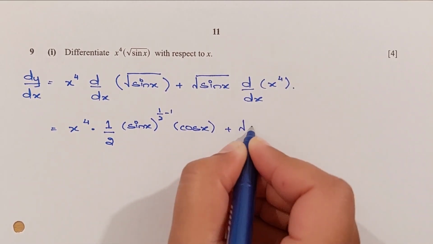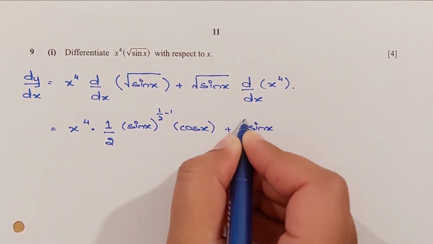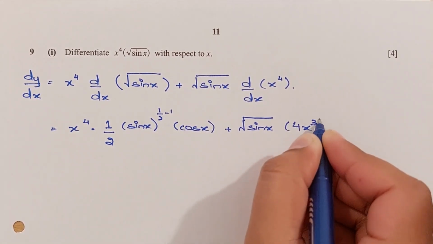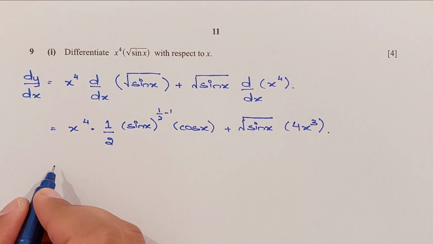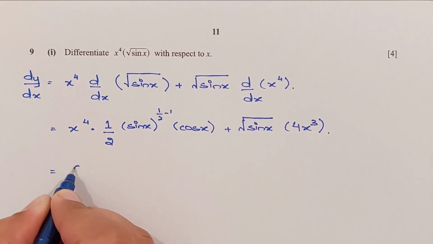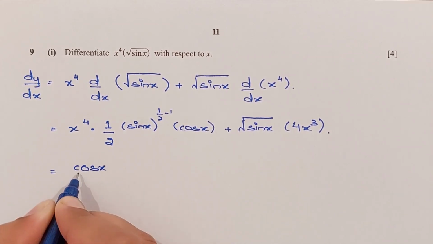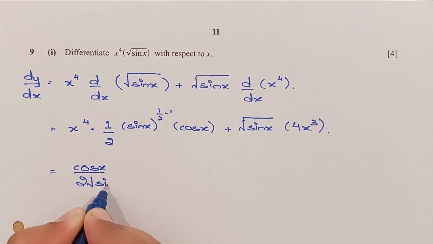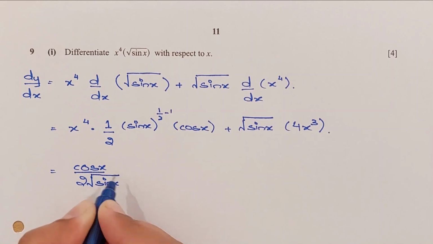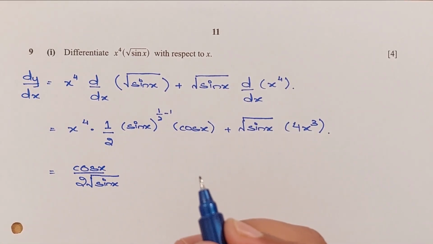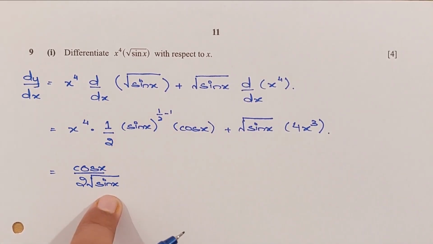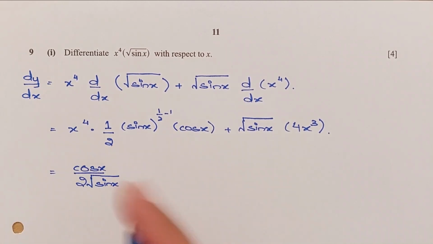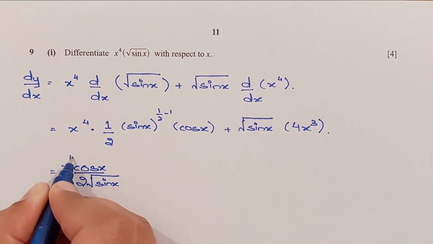plus square root of sine x and 4x cube, right? Okay, further simplification, we have cos x divides 2 square root of sine x, because 1 by 2 minus 1 is minus 1 by 2. So shift in the denominator, cos x divides 2 square root of sine x and x power 4 as well.